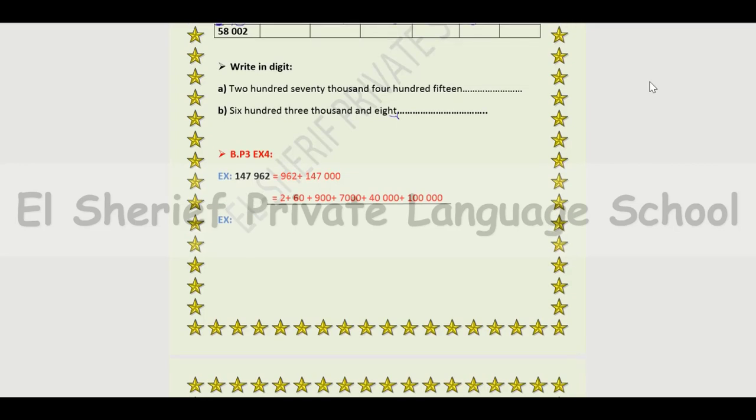The next exercise, if he asked me to write in digits, we should read 270,415. Now I have 270,000. We can put a comma and 15. 15 means 5 in units, 1 in tens.